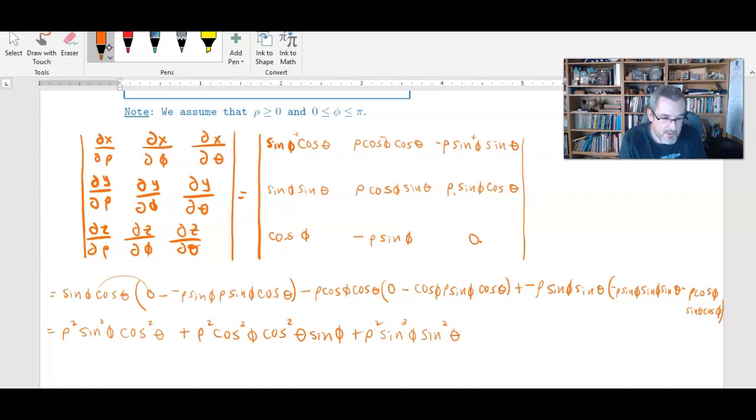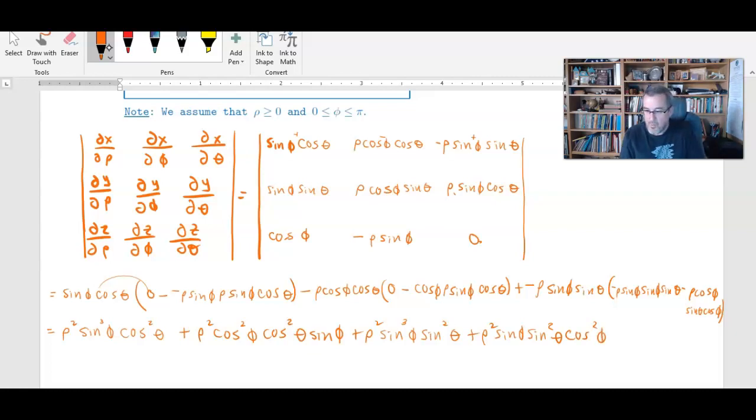Rho squared sine phi cubed sine squared theta. Yep. Minus minus plus. Let's see. Rho squared sine phi sine squared theta cosine squared phi.